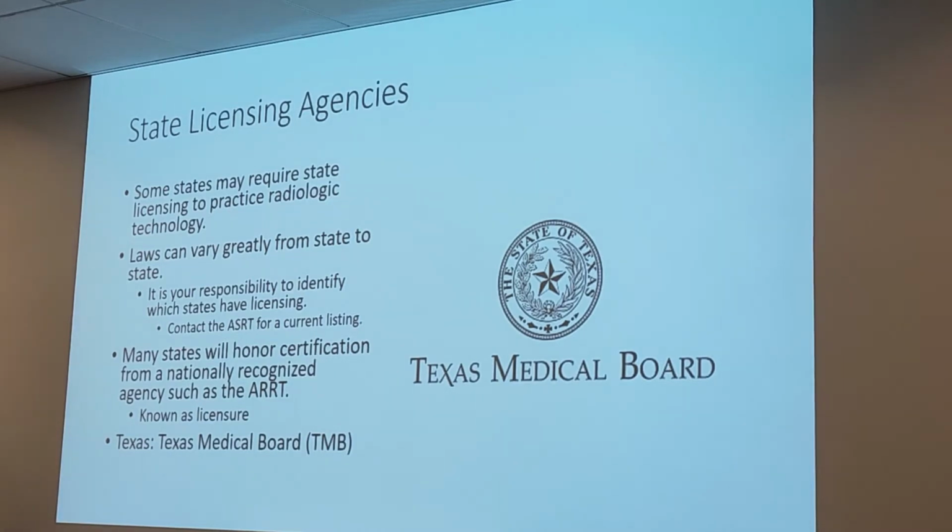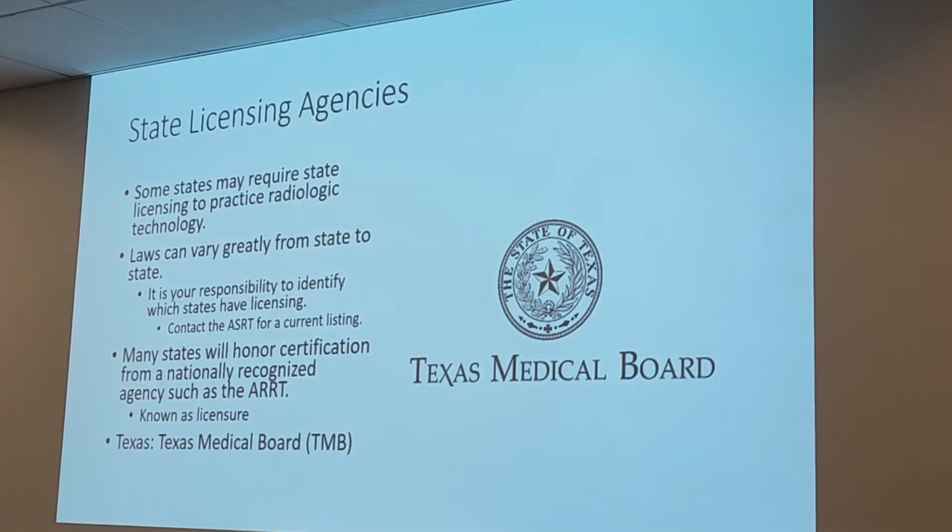Now, we also have state licensing agencies because some states require a specific state license in addition to your national certification. So the laws will vary from state to state. It is your responsibility to check with your state to figure out which ones require a state license and which ones do not.